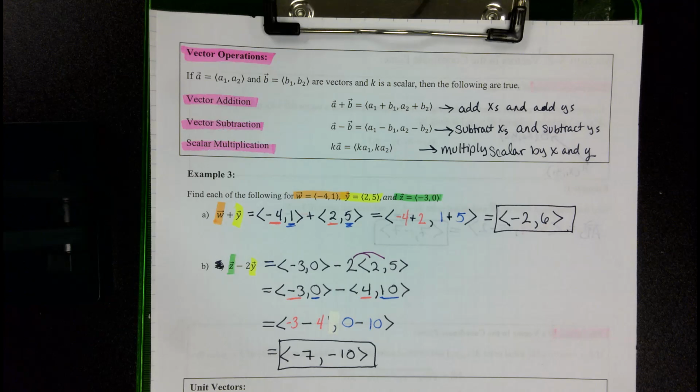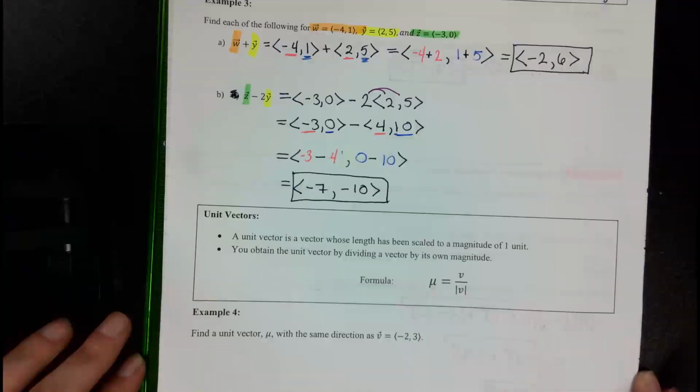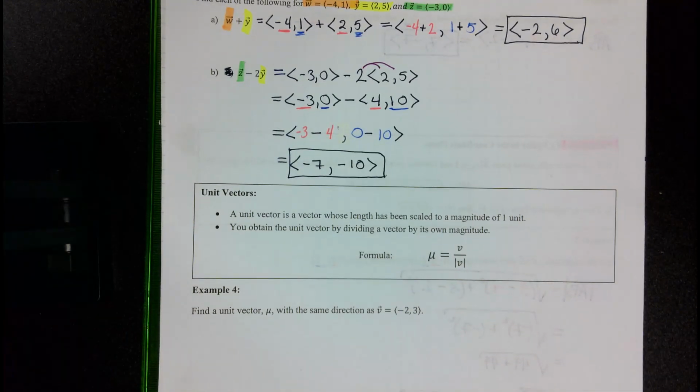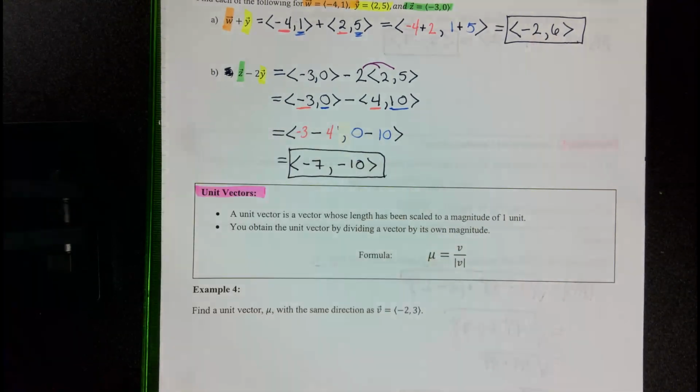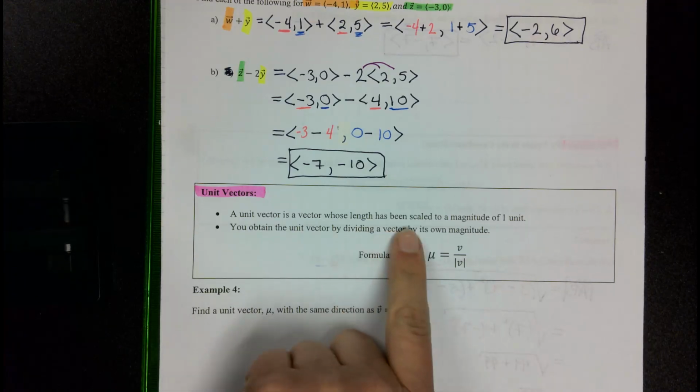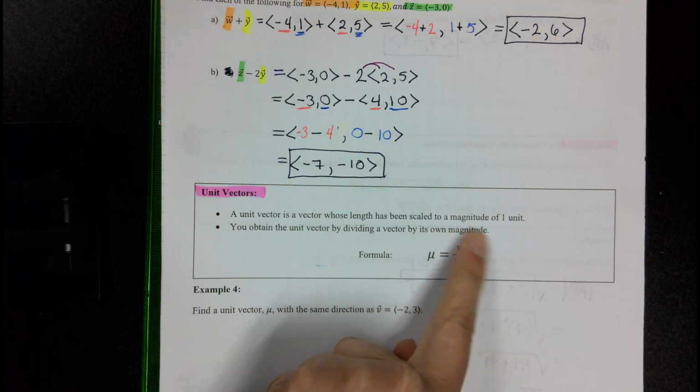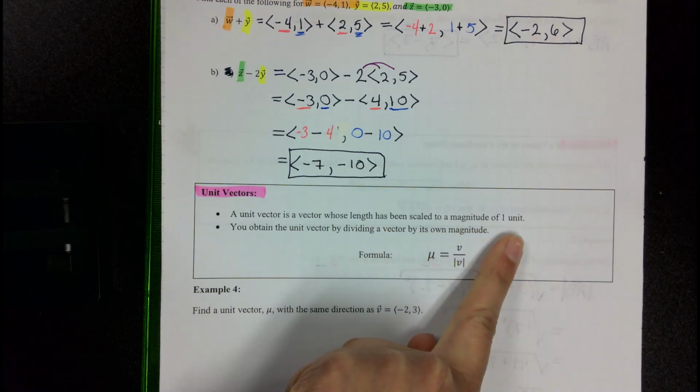One more topic for today's notes for Chapter 8, Section 2, Day 1 is the unit vector. We're going to talk more about a unit vector on our Day 2 notes, but for right now, a unit vector is a vector whose length has been scaled to a magnitude of 1 unit.